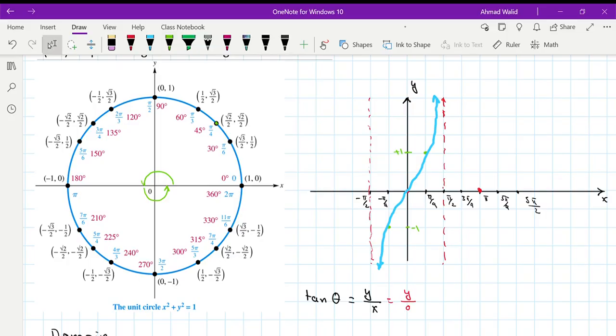It means you get another vertical asymptote at 3 pi over 2 if you want to draw. If you add here on this side, you get another one at negative 3 pi over 2, another vertical asymptote. Correct?